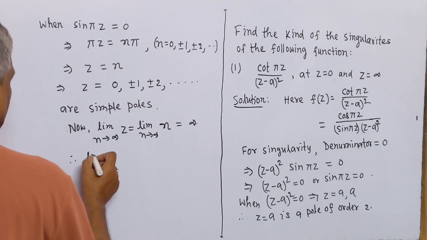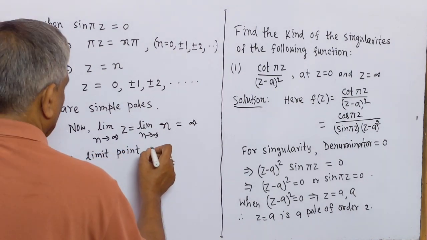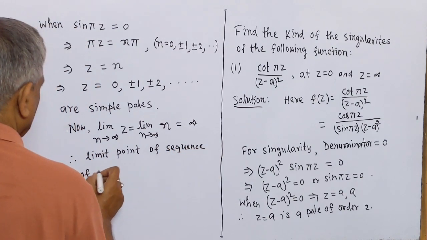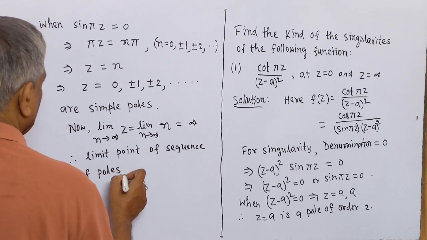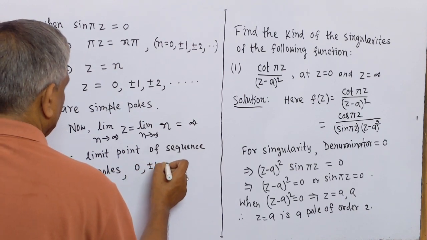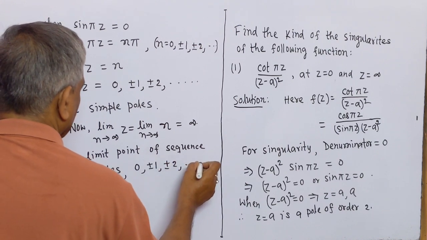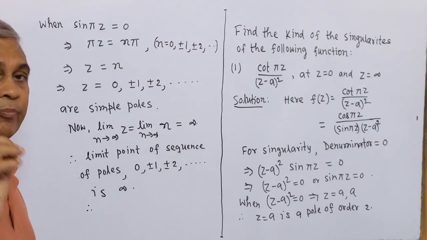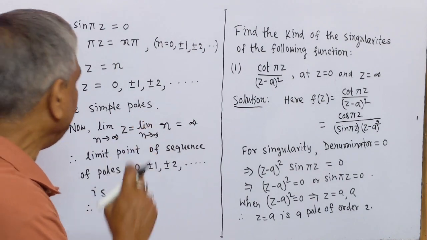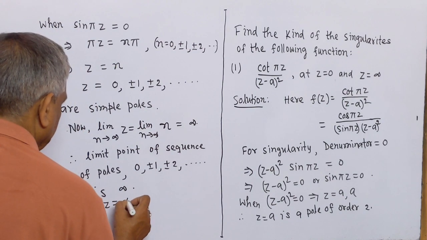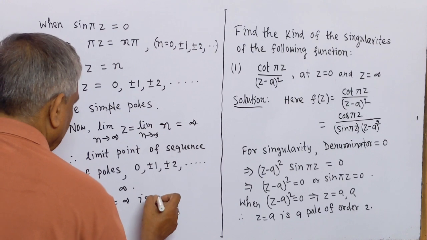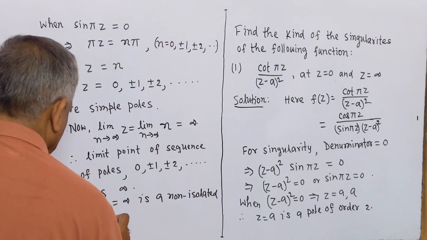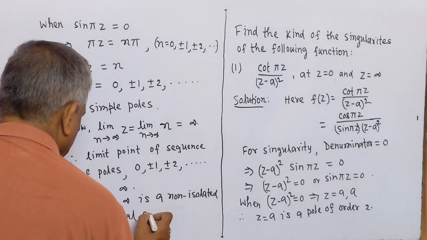Therefore, limit point of sequence of poles 0, plus minus 1, plus minus 2 is infinity. Therefore, according to our statement 2, z equal to infinity is a non-isolated essential singular point.